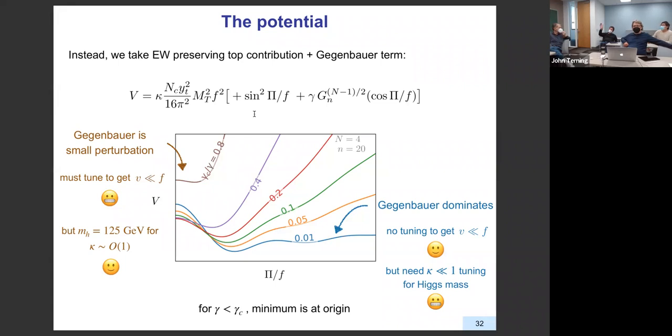There's no problem with that because it breaks symmetries, and so it's multiplicatively renormalized. I'm just wondering why it came out to be 10 to the minus 4 to be at that critical point, because somehow at the critical point, the Gegenbauer is competing with the sine squared term, but why would that happen at 10 to the minus 4 rather than something like a third or something?